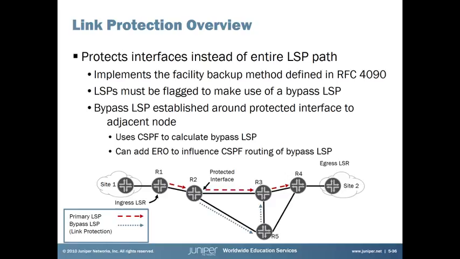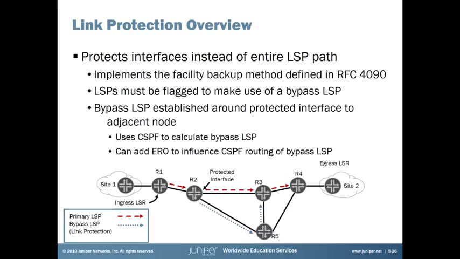So the difference between the two is that this mechanism here can protect multiple LSPs that use this same link, whereas fast reroute protects a specific LSP. So if you've got lots of LSPs that you want to protect, then with fast reroute you configure the protection on each and every LSP.